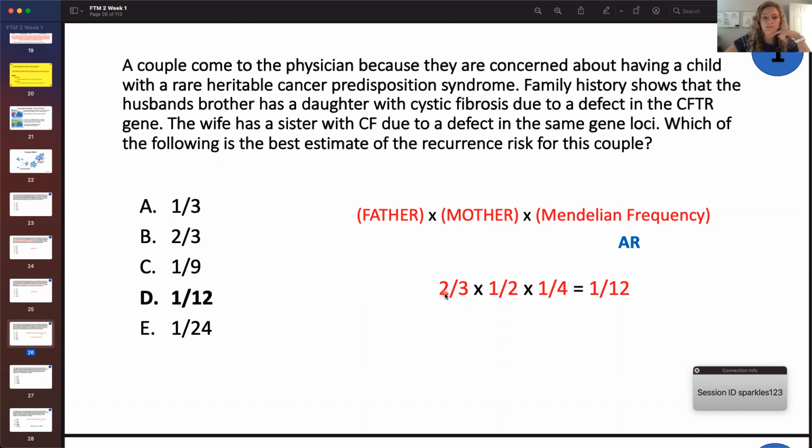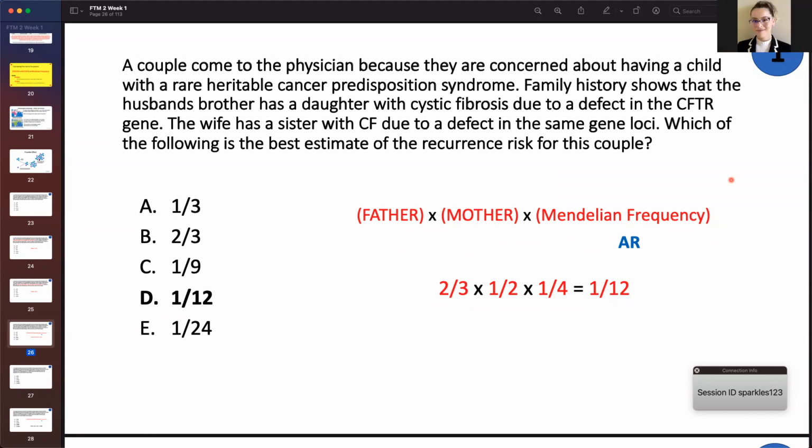Now the father is going to be 1/2 because the father's brother has a daughter with cystic fibrosis, which means the brother has to be a carrier because it's a recessive disorder. Both parents have to be carriers in order for the child to be affected. So there's a 100% chance that the father's brother is a carrier, and that gives him a 1/2 chance of being a carrier. So the father is 1/2, the mother is 2/3, and then the Mendelian is 1/4. Okay, thank you. Does that make more sense?